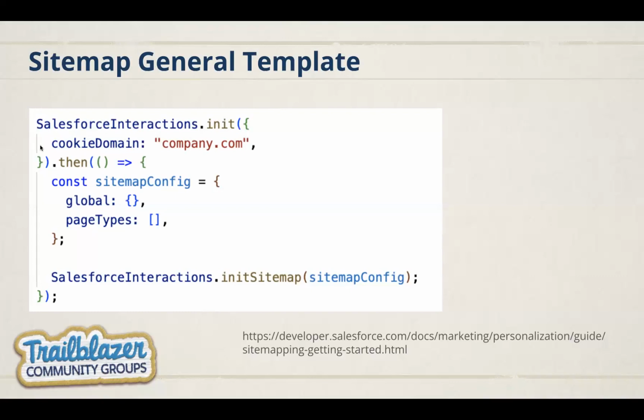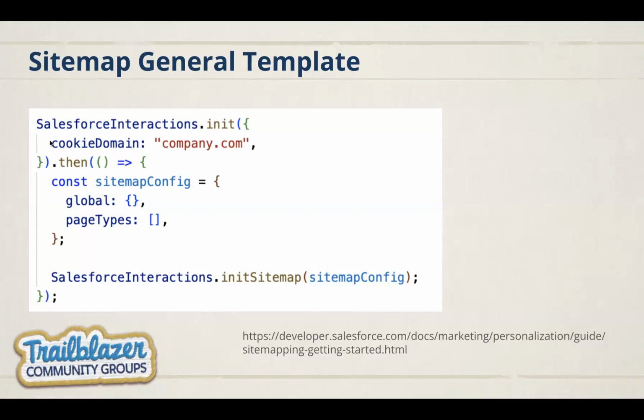This is going to be our bread and butter while implementing a sitemap. The first thing that is important is the init function that is used to initialize the sitemap. Then you also initialize the configuration using the init sitemap function.